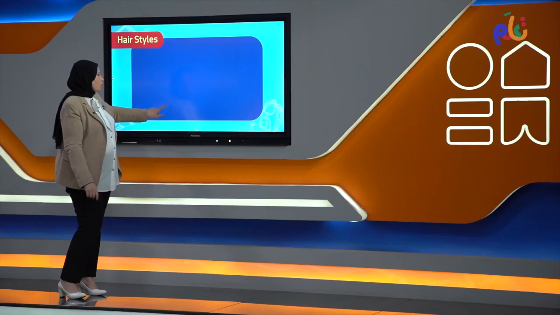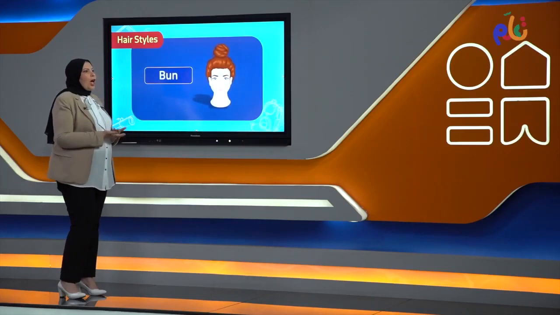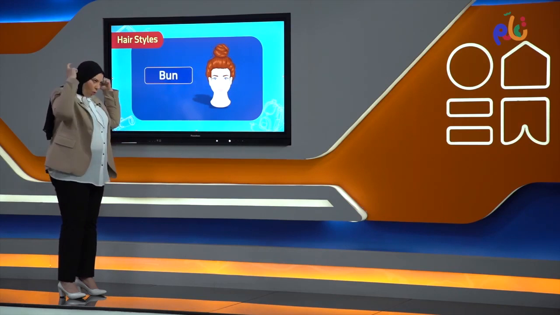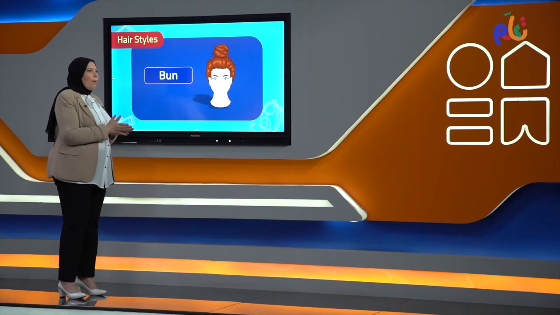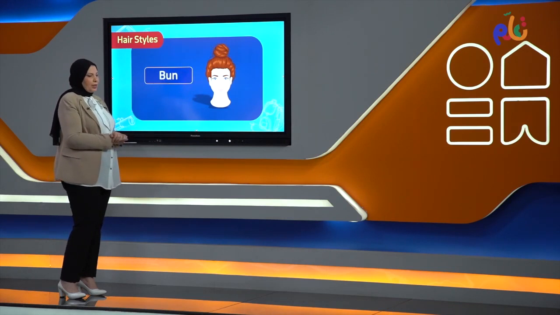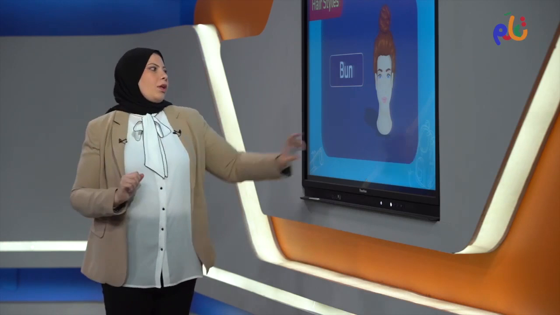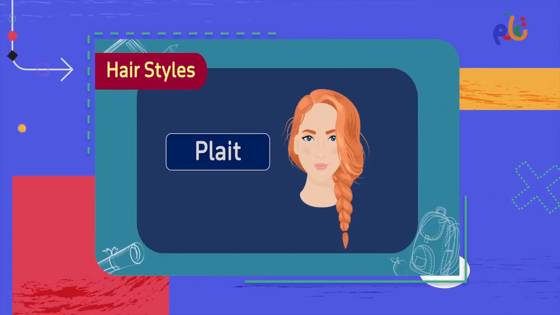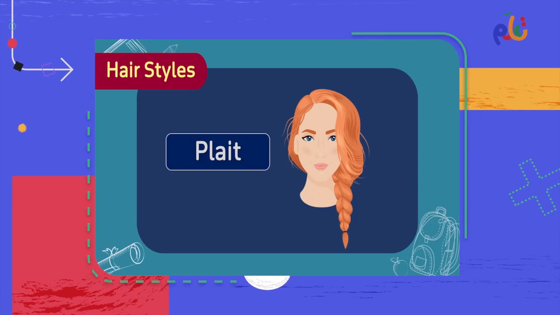Okay, and we have a bun, when we gather all the hair behind our head, so we call it a bun, like the picture that we have here. So we have pigtails, 2 groups, a bun, and we have plait, like the picture, which is the braid.